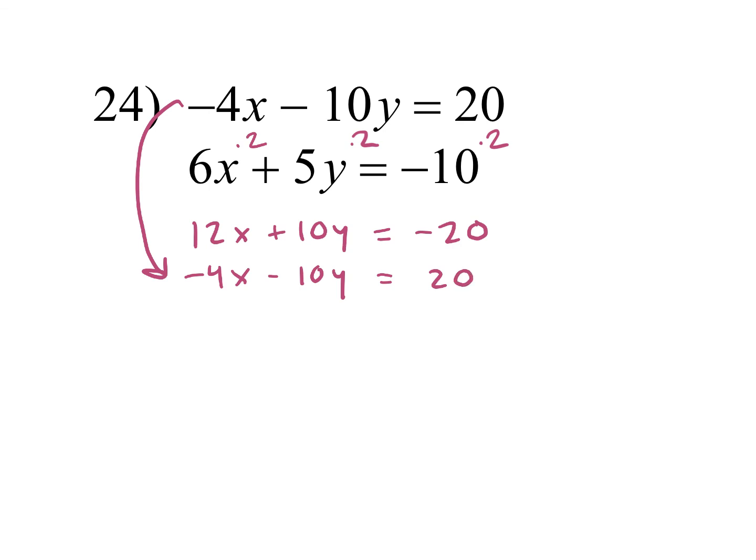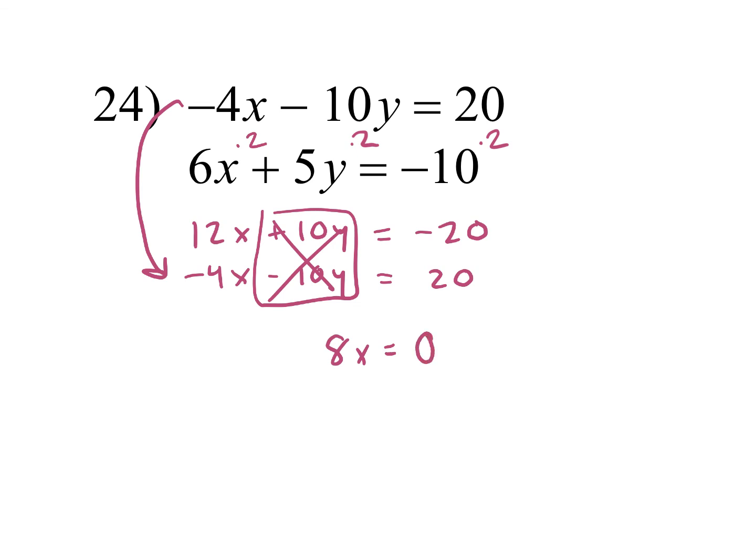So what cancels here? The y's. Those will cancel too, but the 20 and what's 12x minus 4x? 8x. And then negative 20 plus 20? 0. They cancel, but it's just 0.